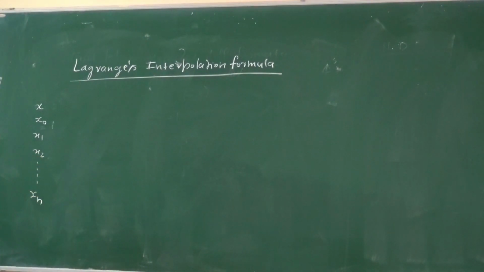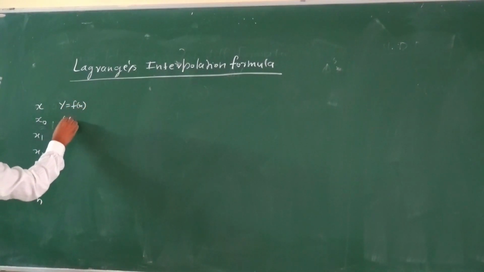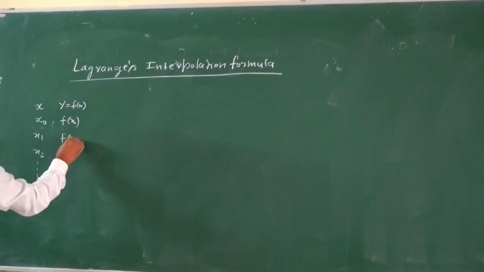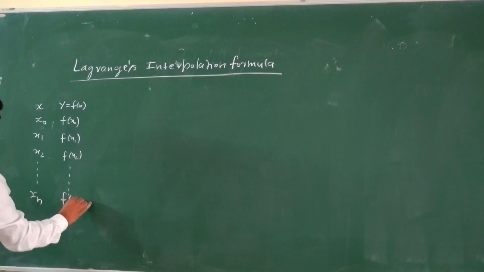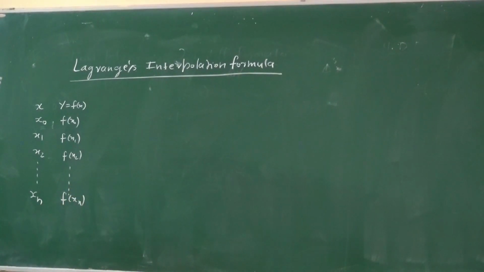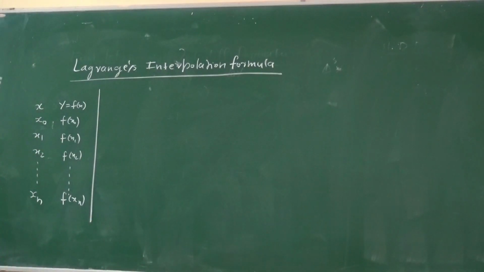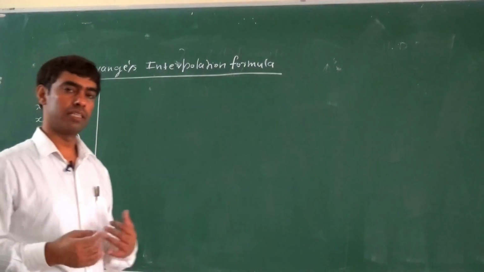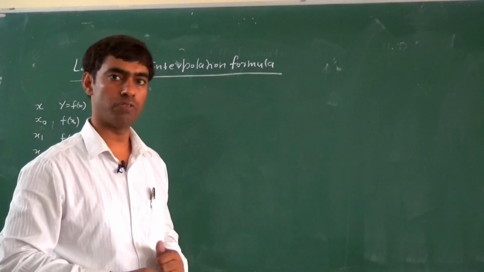There are n plus 1 values of x, and the corresponding values of f are also given: f of x0, f of x1, f of x2 up to f of xn. This is a tabular value, meaning for n plus 1 arguments we have n plus 1 corresponding function values.